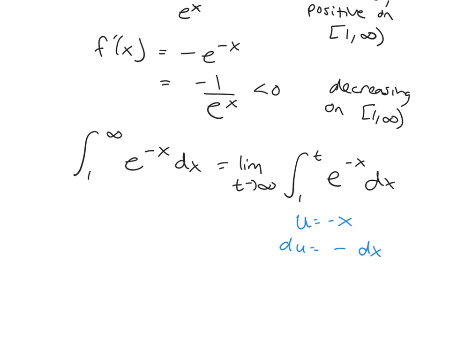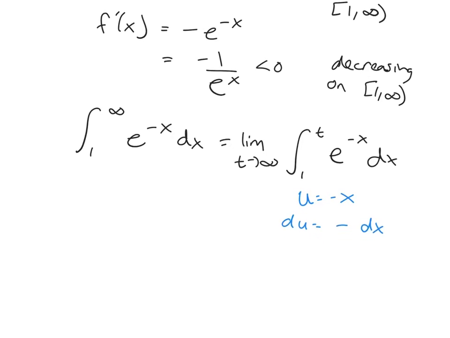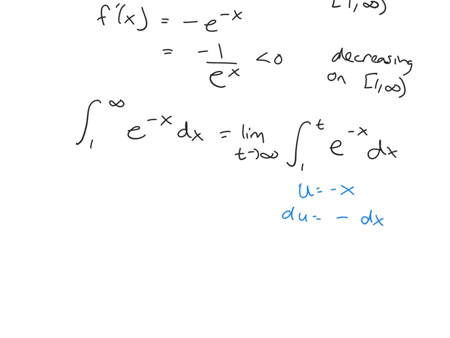Okay. So I can now put in my substitution. This is the limit as t goes to infinity, e to the u, and then I have negative du. And then remember, my numbers change.